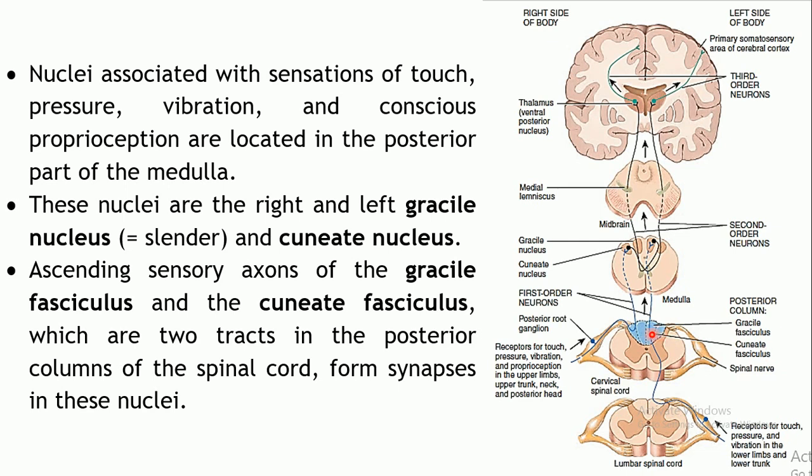So the sensory neurons which are ascending from the gracile fasciculus and the cuneate fasciculus form synapses at these two nuclei. That is, the neurons arising from the gracile fasciculus form the synapses in the gracile nucleus.